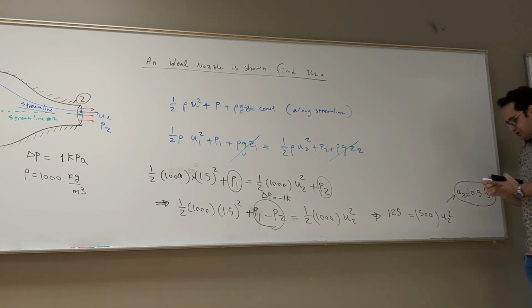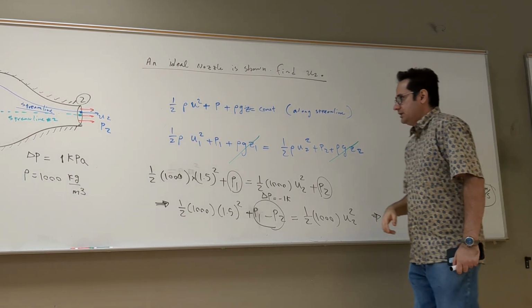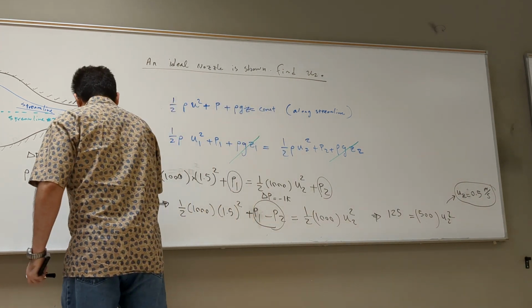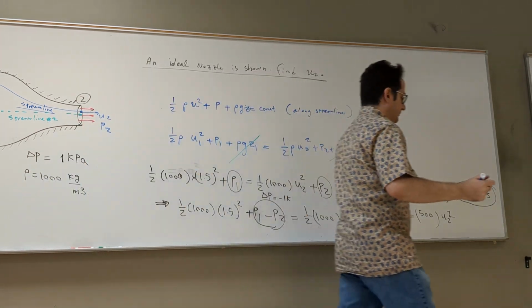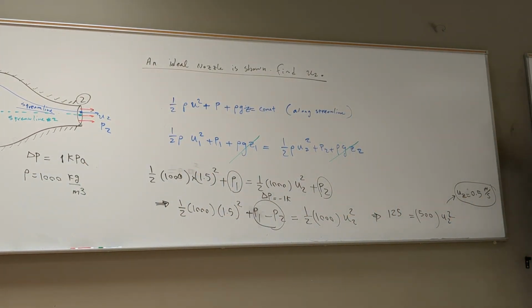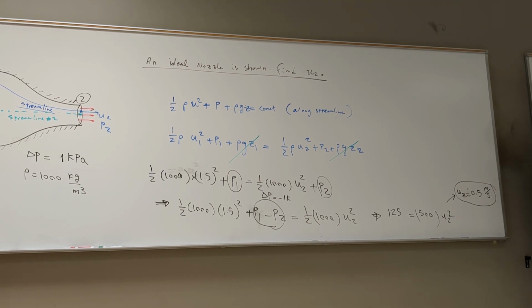And we want to measure the velocity. So to measure the velocity, we put the pipe here. And here I can measure P, call it P. So I can measure it.